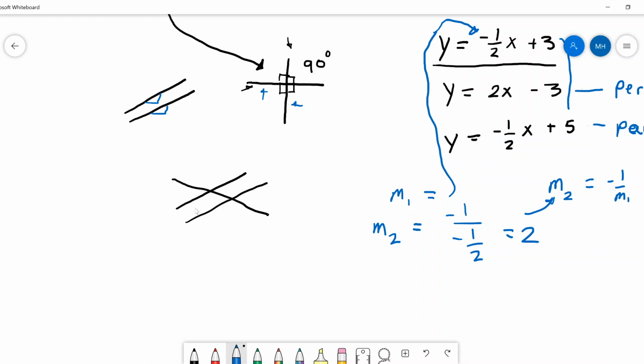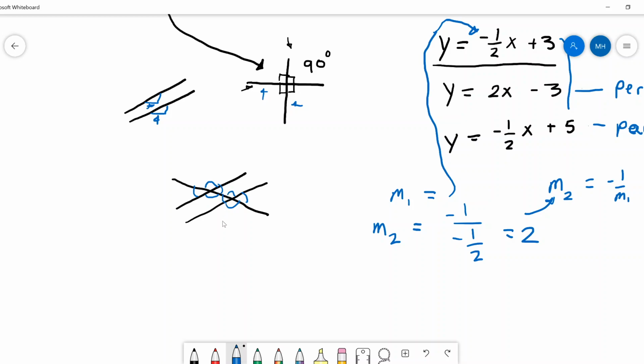If we have two parallel lines, shown here, and an intersecting line coming across, then we know that, for example, that angle and that angle are the exact same, similar to how we knew the slope is going to be the exact same. It would make sense that these two angles would be the exact same, and these two, and these two, and these two.